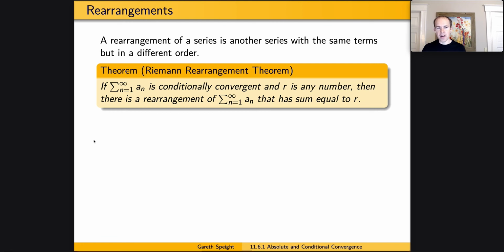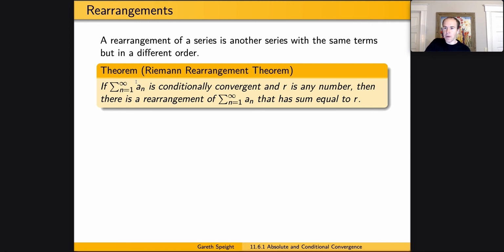We're not going to prove this because it would take quite a while, but what is going on is this. Being conditionally convergent, remember, if we take away the negative signs and just sum the positive pieces, it would go to infinity, because the sum of the absolute values isn't converging. If we just sum the negative parts, it will go to negative infinity. So if we want to make it big, we sum a lot of positive pieces first.